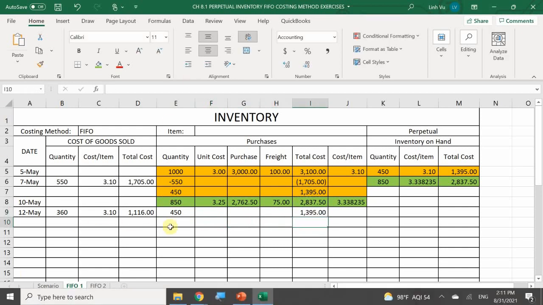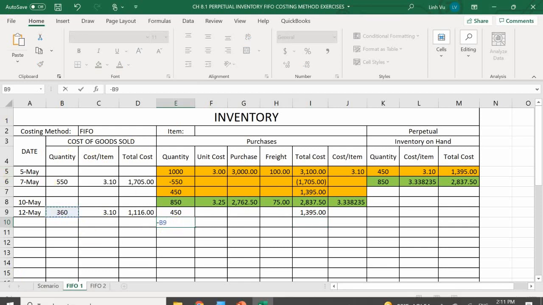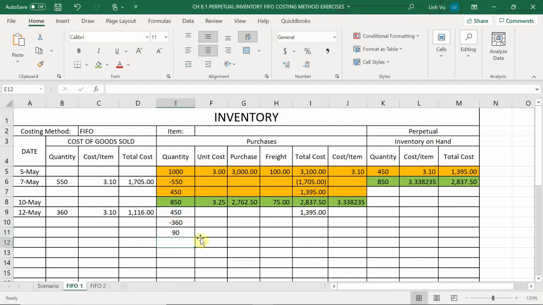And this time I sold 360 units. So therefore, how much should I have left of my orange batch? Yes, you should have 90 units left.